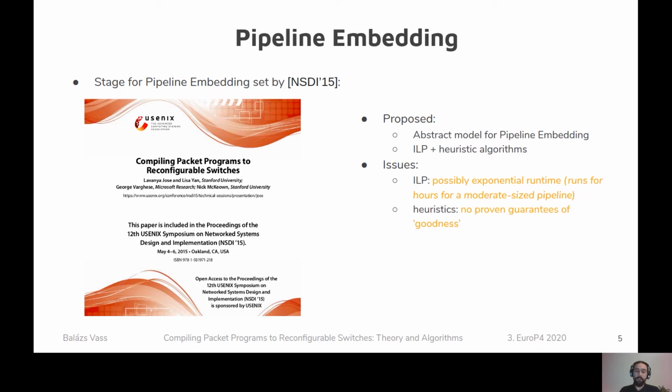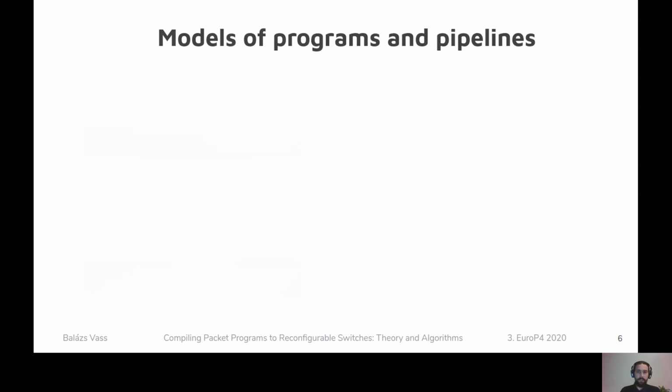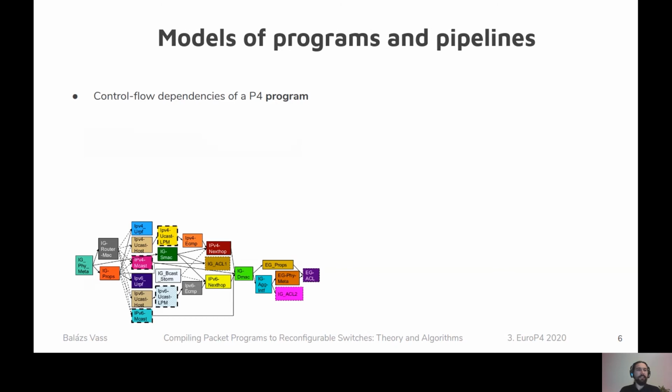And on the heuristic side, they didn't prove any guarantees of goodness, I mean, whether the results are close to the optimal solutions. So unfolding the algorithmic landscape of this pipeline embedding problem was required.